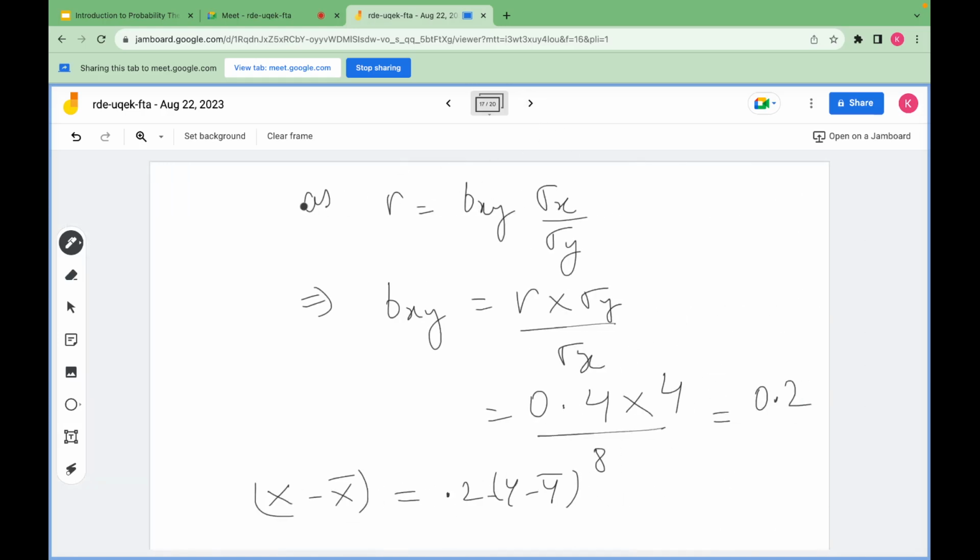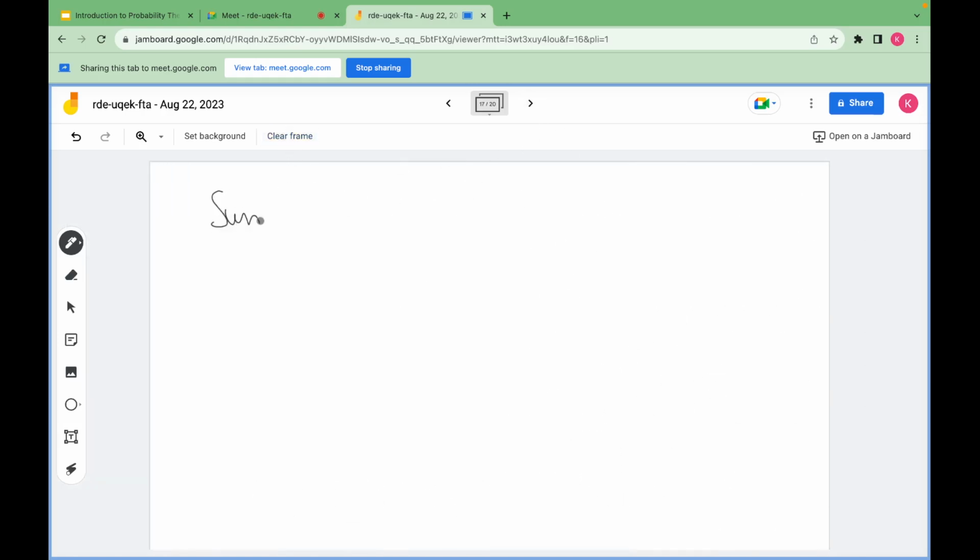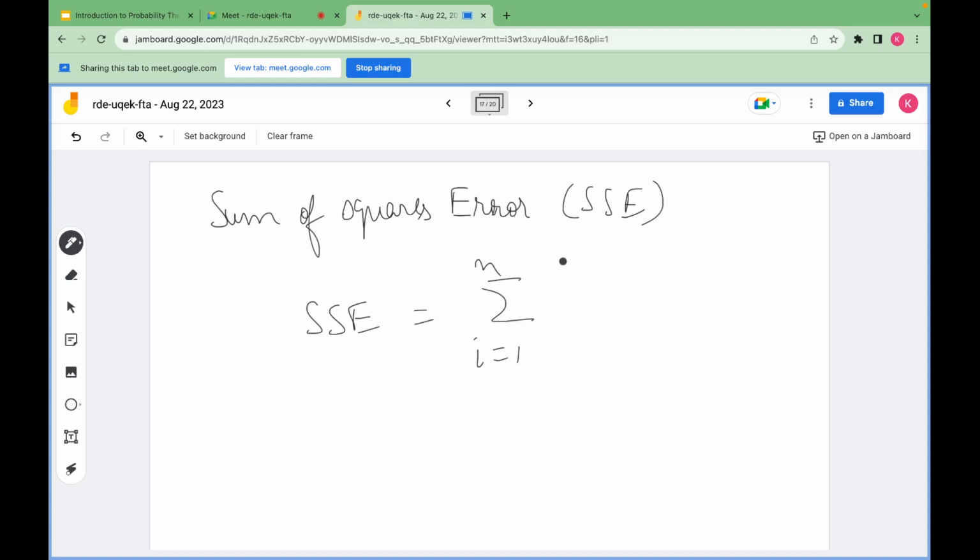Then there is the sum of squares error. This is yi minus yi cap, where yi is the actual value and yi cap is the predicted value.